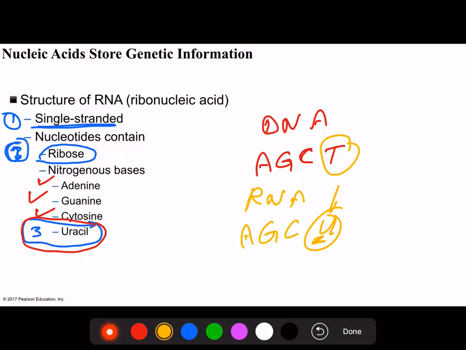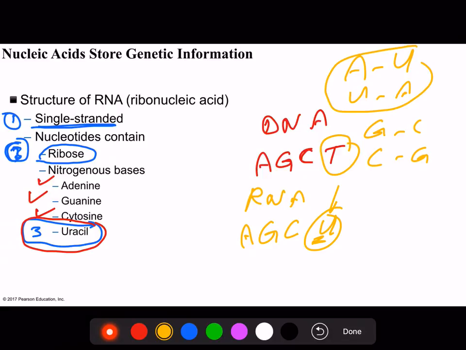The pairing in this case would be A to U, or U to A, G to C, and C to G. Okay, but this pairing is not something we are going to see usually.